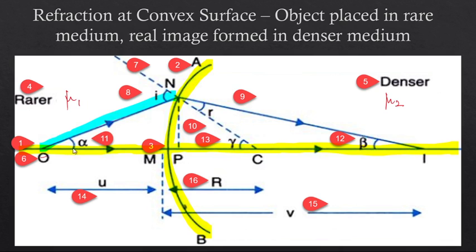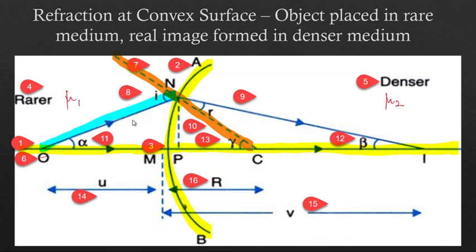It is oblique and goes like this. Now you have to draw a normal at the point of incidence, where you can draw a perpendicular hypothetical line. This is the perpendicular line.